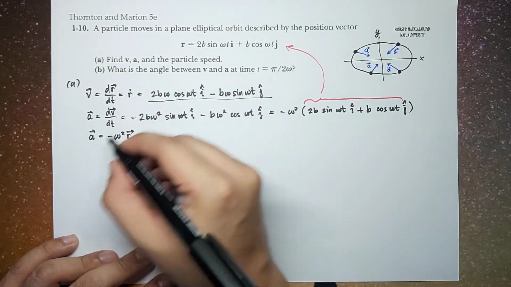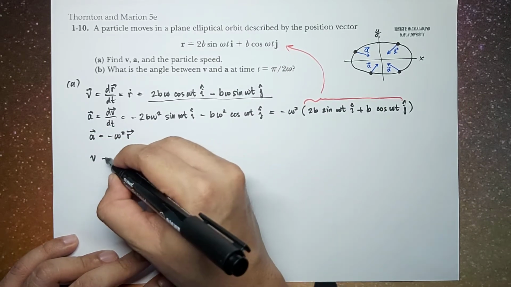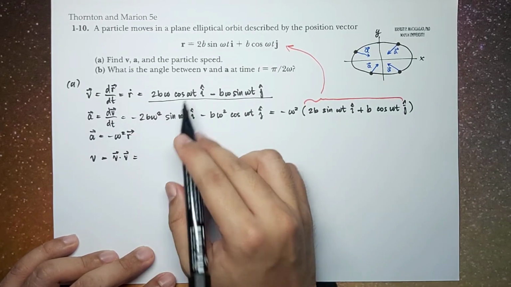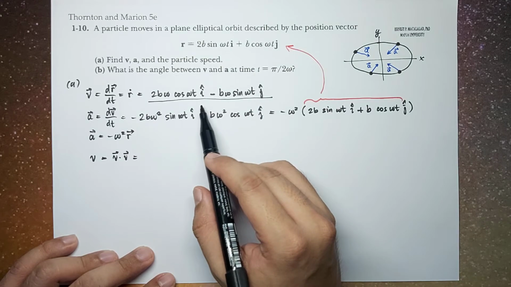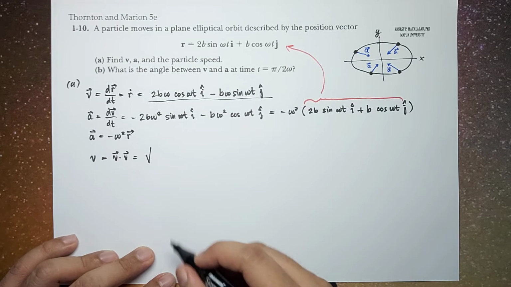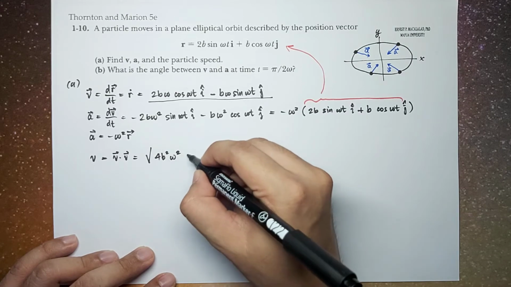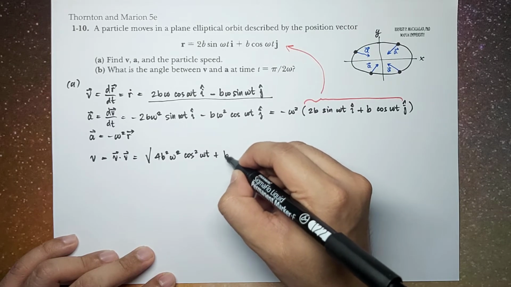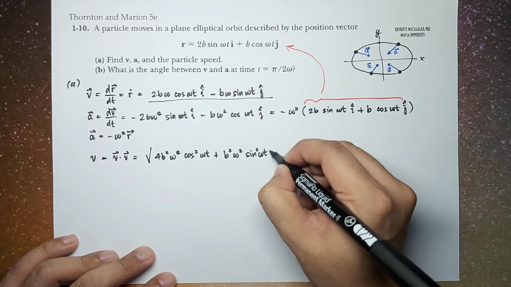And then lastly, the speed of your particle, which is the magnitude of your velocity, will just be equal to the square root of v dot v, or simply the square root of the sum of the squares of the components of your velocity. In this case, this will be the square root of 4b squared omega squared cosine squared omega t plus b squared omega squared sine squared omega t.